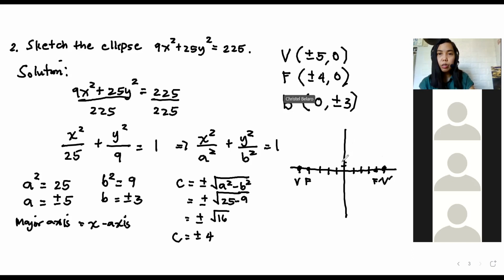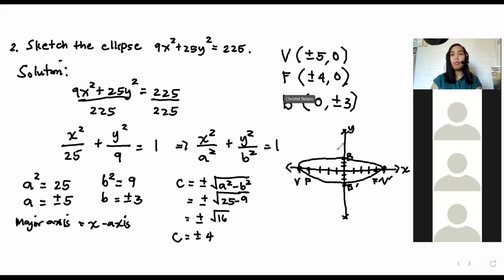And the minor axis, the coordinates 0, 3, 1, 2, 3, 0, negative 3. B, B prime. Then you connect them. Right? Nice drawing. Graph it in your notes. Alright. So, supposedly, the ellipse looks oblong. Okay, that's the graph.